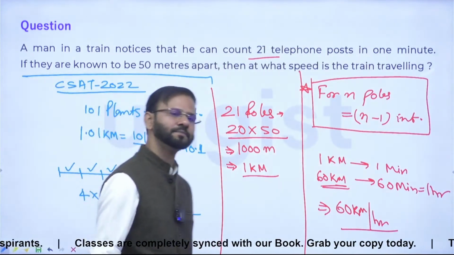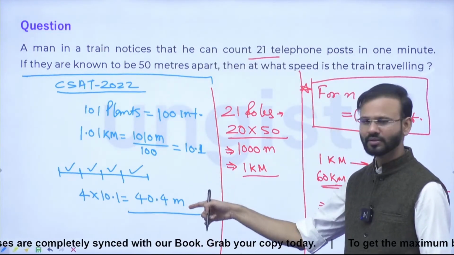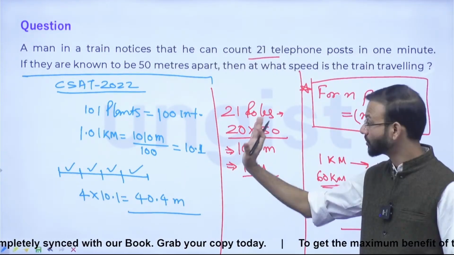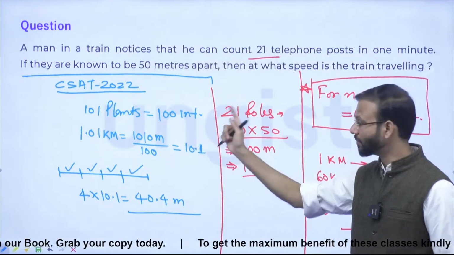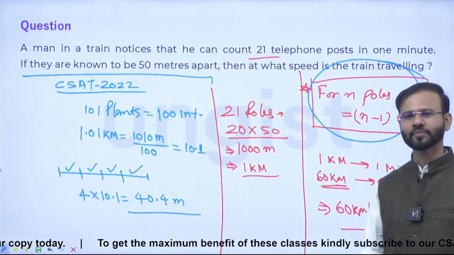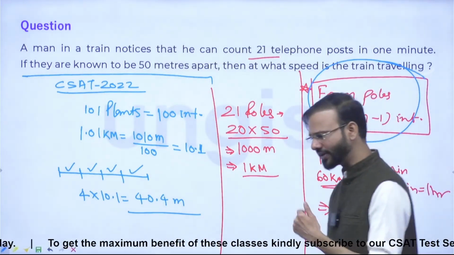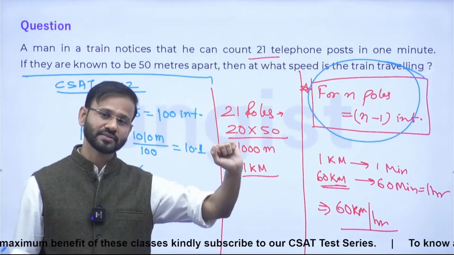Guys, is it clear? Right? So this was the concept behind this question, right? Though guys, this question does not belong to time, speed and distance, but this question belongs to this concept. Clear? So just while reading the question, you are able to extract the concept behind that question, guys, right?